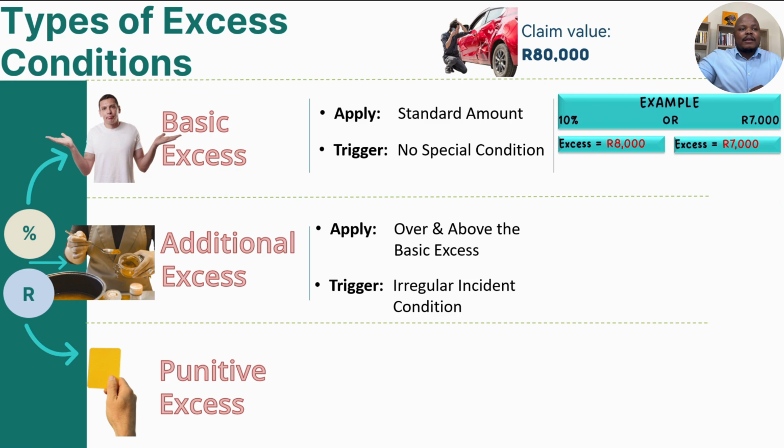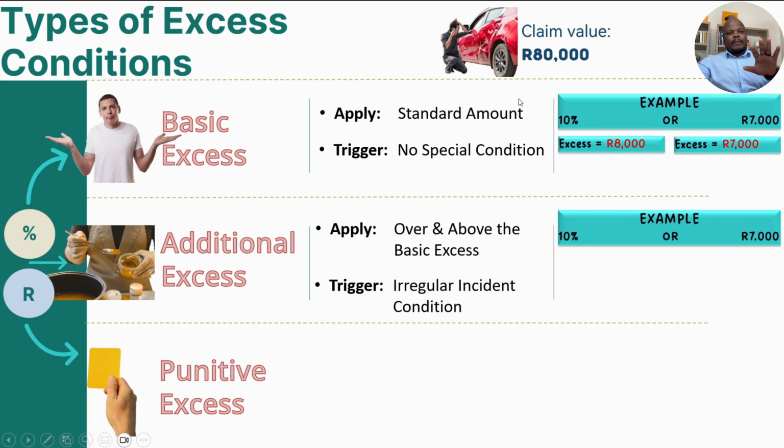Let's make a simple example again using the very same claims value of 80,000 rand. We're going to make examples for both the fixed excess option taker, as well as the percentage excess option taker. Say you have 7,000 rand on the basic, and you have an additional excess of 3,500 for instances such as your vehicle getting into an accident while driven by someone else whose license is less than 3 years old.